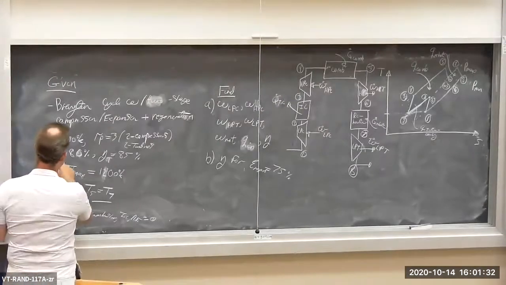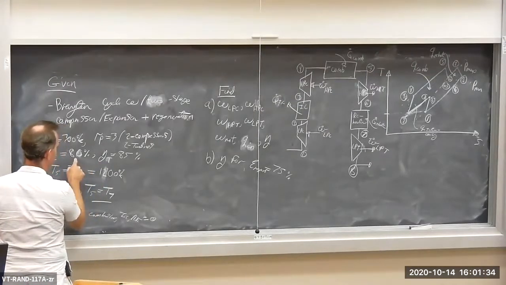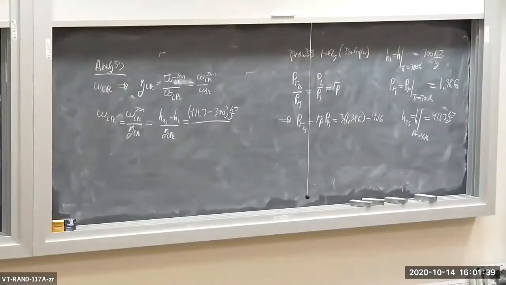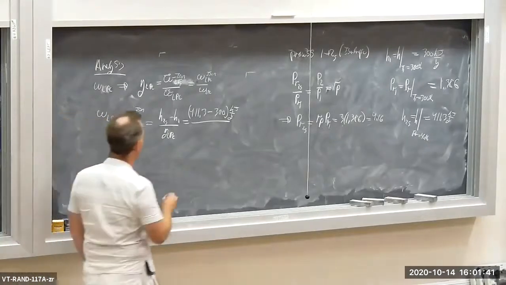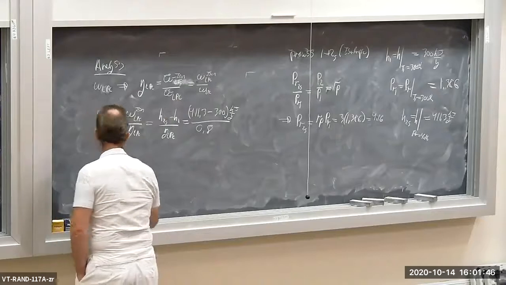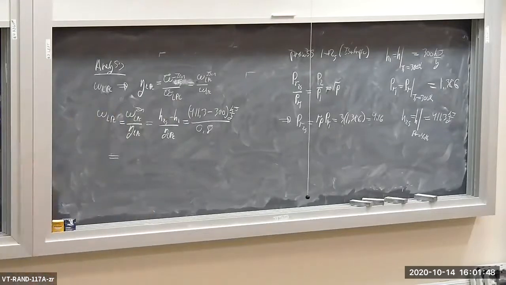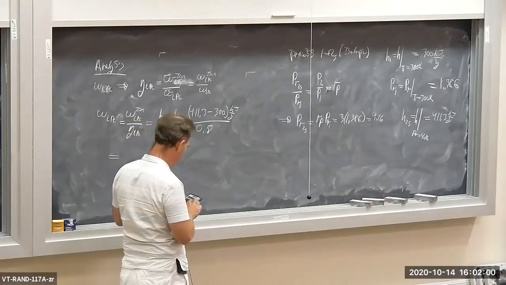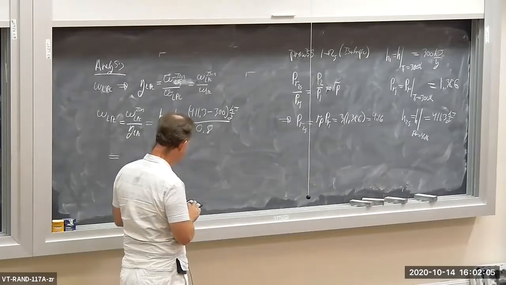The isentropic efficiencies for all the compressors and turbines are 80% and 85% respectively, so I need to put a 0.8 in there. Or if you like, WLPC is 411, forget the 0.3, minus 300 divided by 0.8.